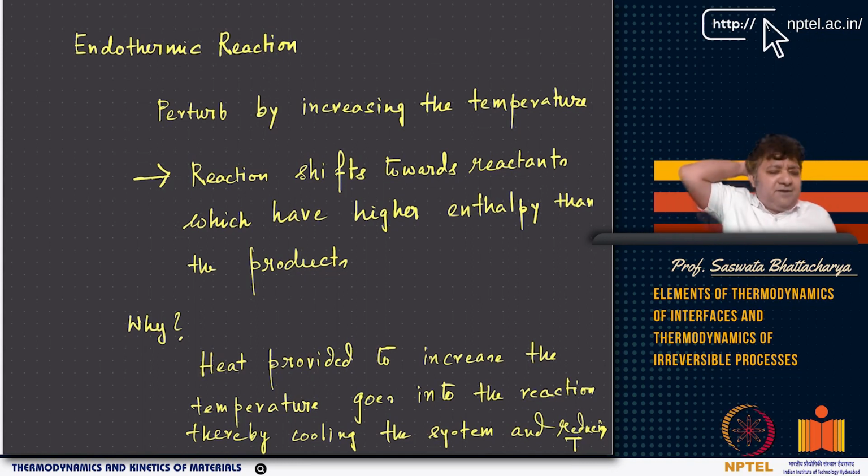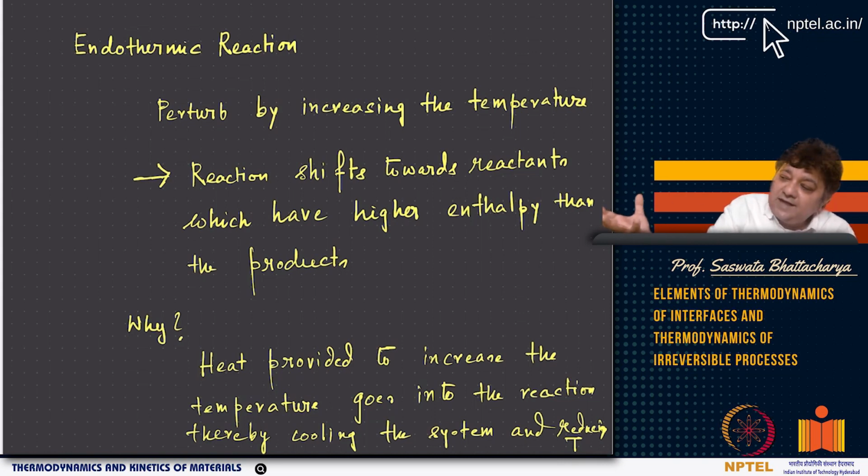It requires absorbing heat to complete the reaction, right? So since the reactants have higher enthalpy, the heat provided to increase the temperature goes into the reaction. Now if it goes into the reaction, that means the reaction is absorbing heat, thereby cooling the system.